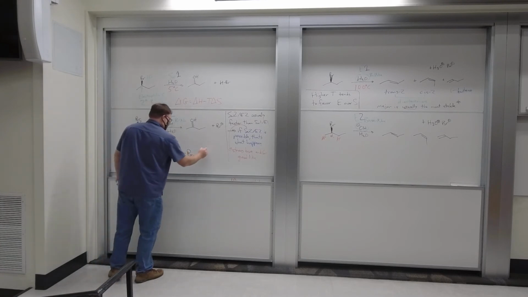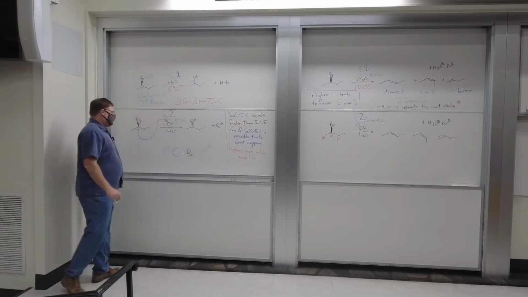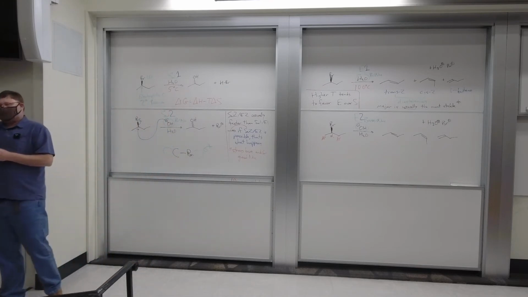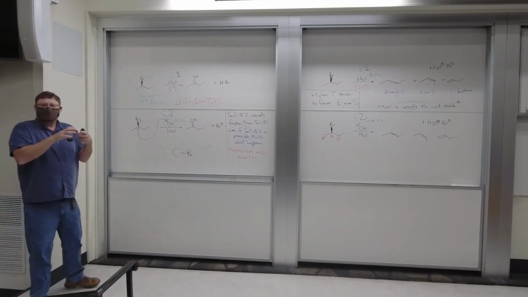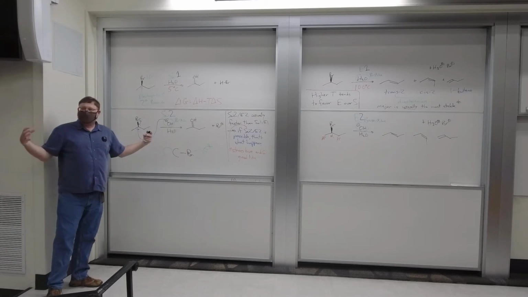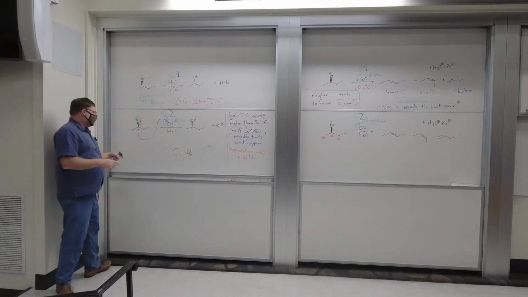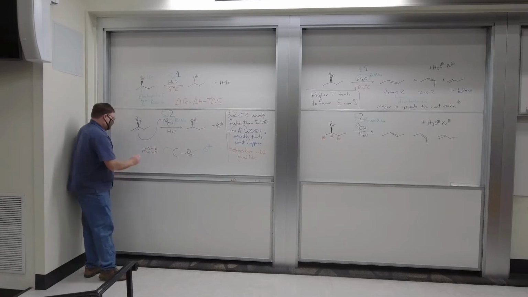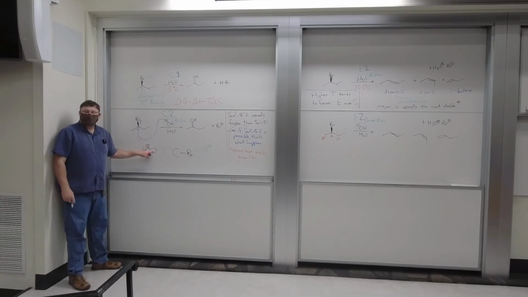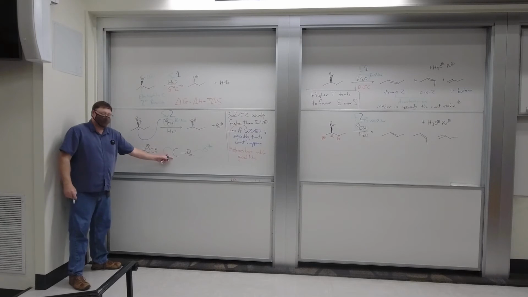All right? And that antibonding orbital is in the same line as the bonding orbital, the sigma bond. So the sigma bonding orbital is inside the C and Br, and the antibonding orbital is on the outside. What this means is the nucleophile, those electrons in a lone pair there, have to come from directly opposite the bromine.